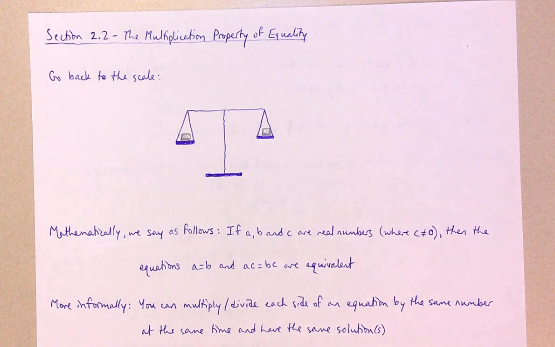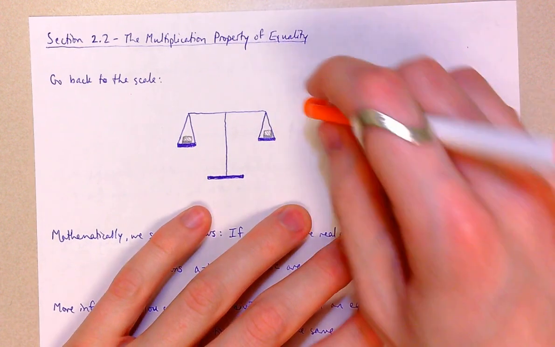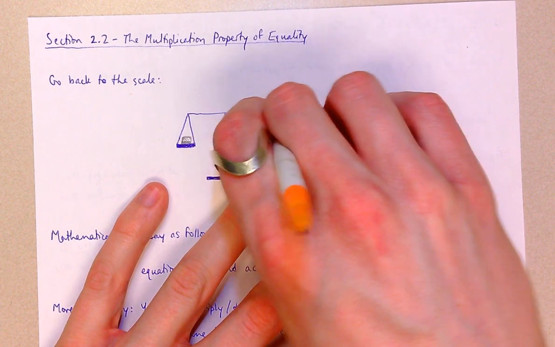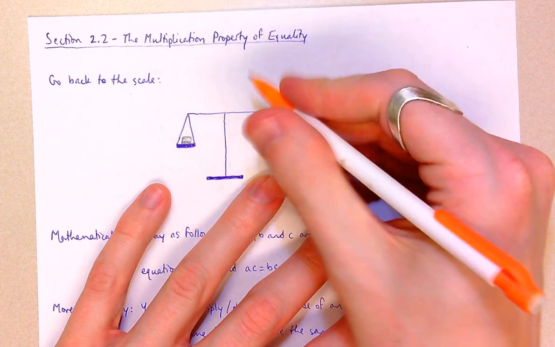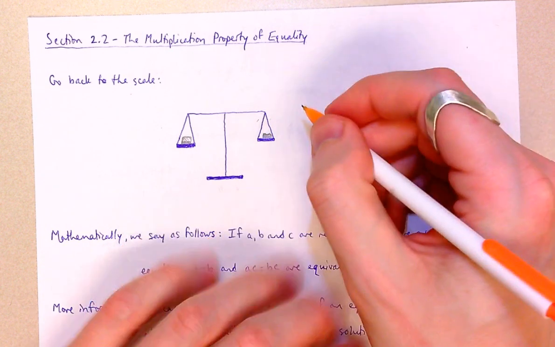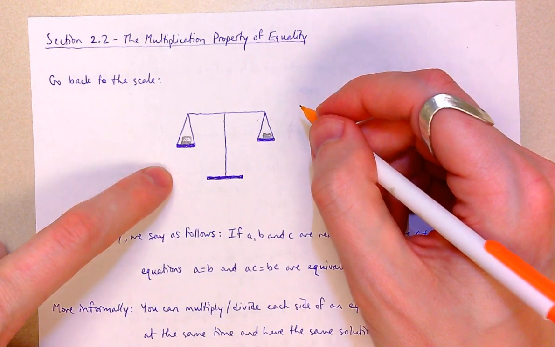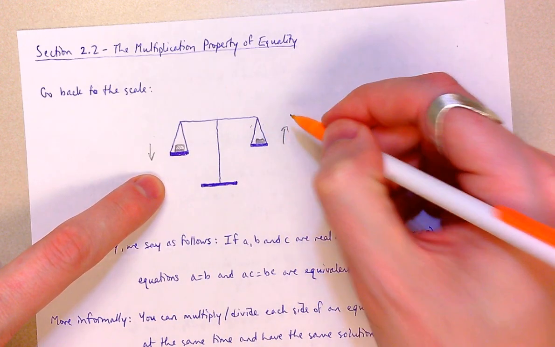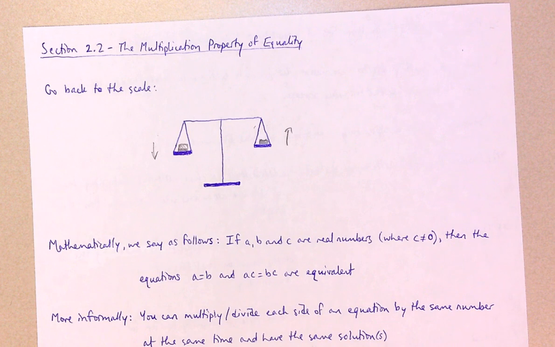Similarly, if I reduce the amount of weight that I have on one side, like say that I took half of this weight off and put it down to there. Well, now, again, there's more weight on this side. That side's heavier, so that'll go down, and that'll go up. But, again, we don't want that. We want the same amount of weight.